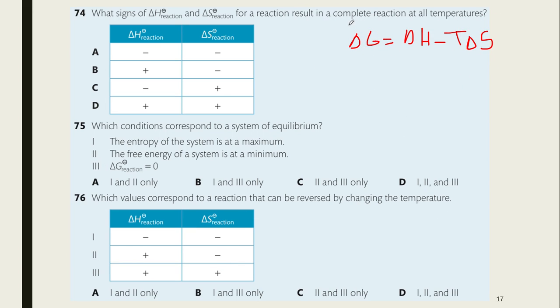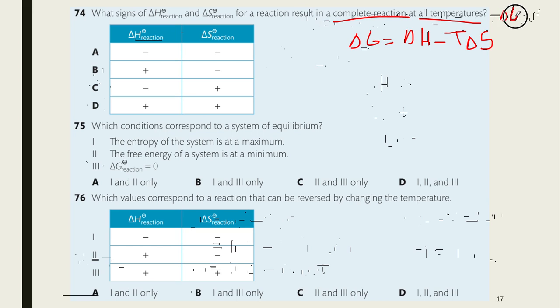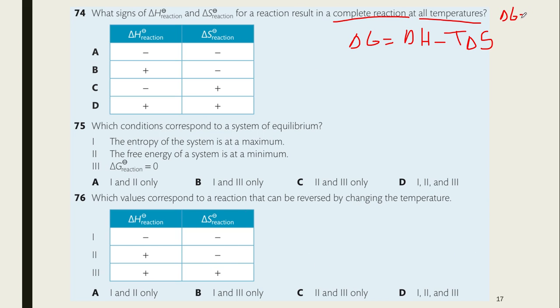All right, so it says a complete reaction, which means it's going to be spontaneous at all temperatures. So that means delta G has to be negative.